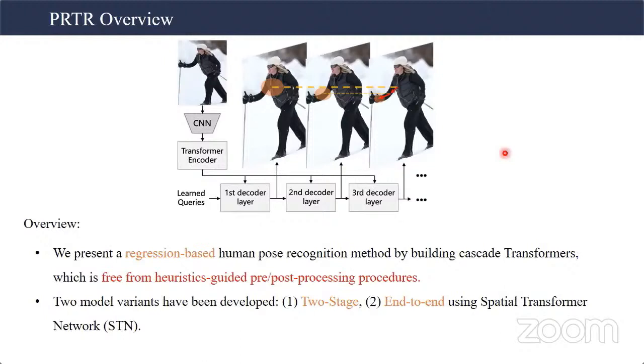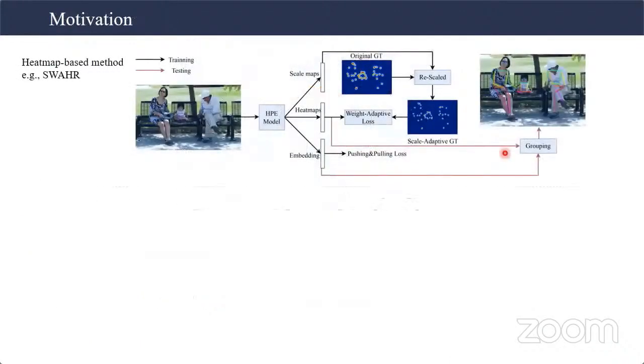In a typical pose recognition task, the individual person and their key points are to be detected. We present two model variants, a two-stage system and an end-to-end framework.